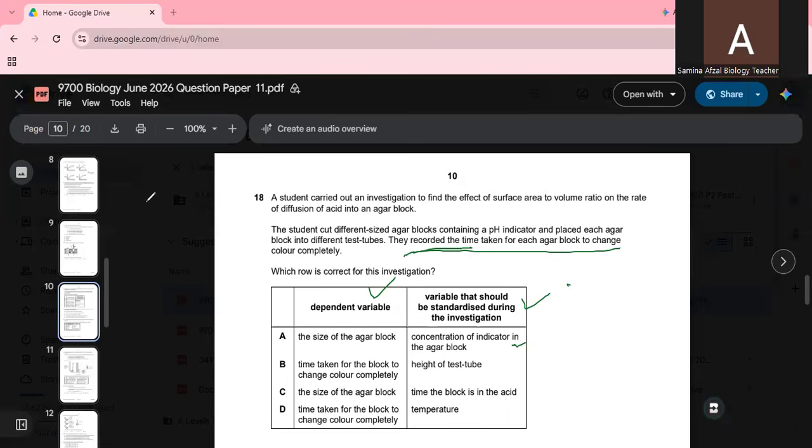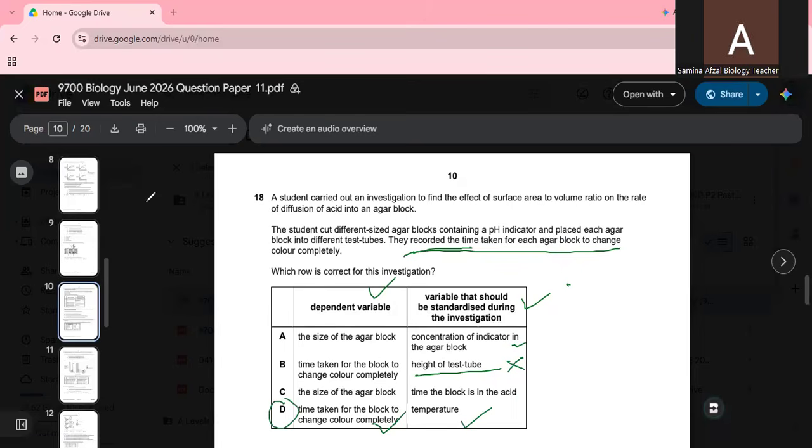So this is the time taken for the block to change color completely. This is B and D. Height of the test tube is not the variable which should be standardized, because it only shows the height, whereas we need to standardize the temperature. So D is the correct option.